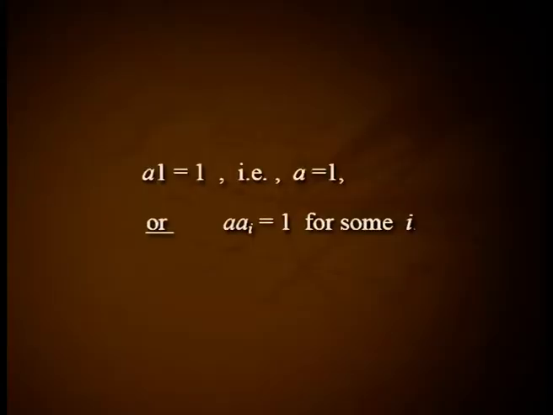Hence, by counting we find that a·1, a·a1, ..., a·an are all the elements 1, a1, ..., an in some order. So, either a·1 = 1, that is a = 1, or a·ai = 1 for some i. Thus, a has a multiplicative inverse. Hence, when a = 1, its inverse is 1, and when a ≠ 1 and a ≠ 0, then the inverse is some ai.